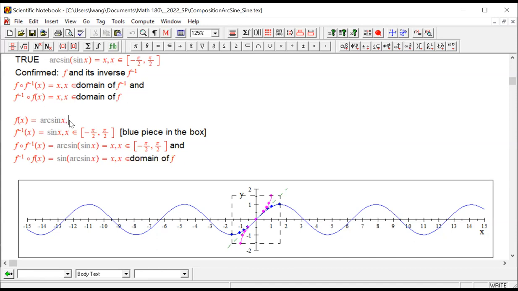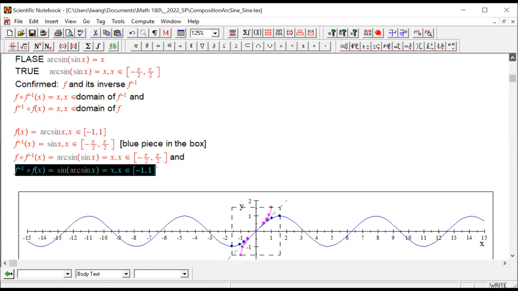This x belongs from -1 to +1. Even though they're both called x, they have their own domain and range, and this x is from -1 to +1. So that's why these two statements are true.